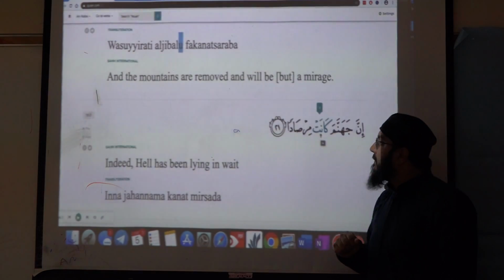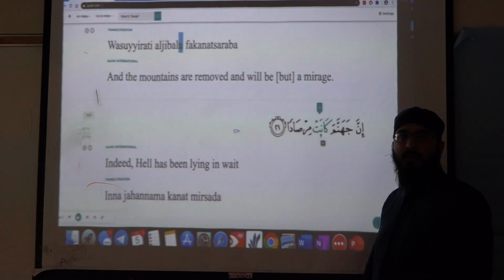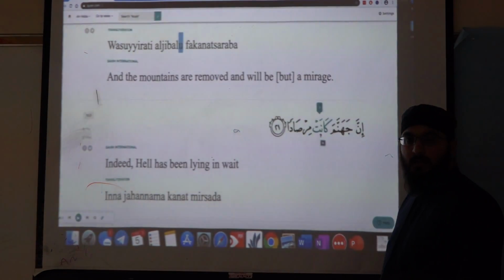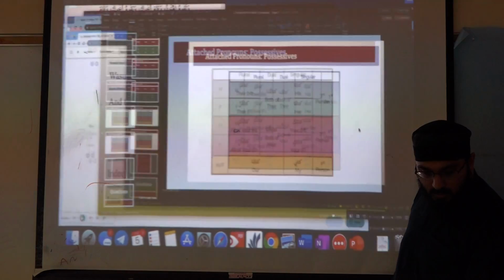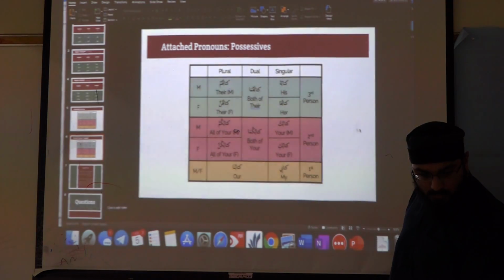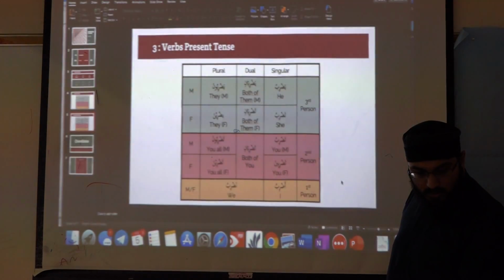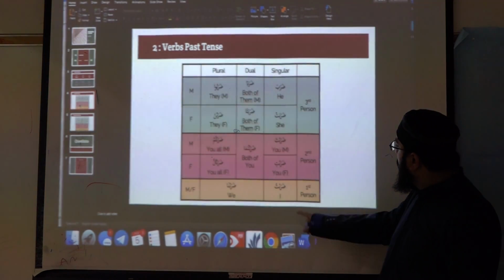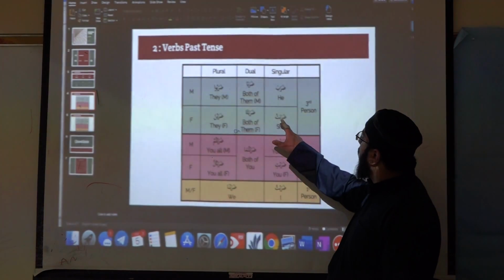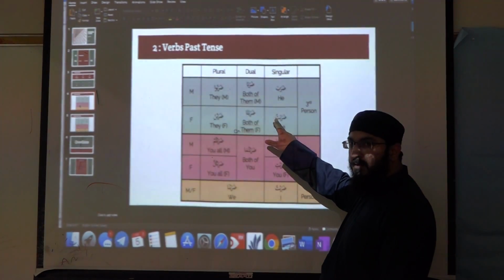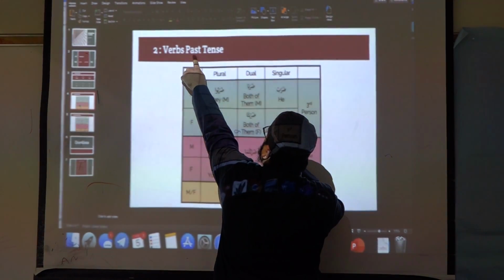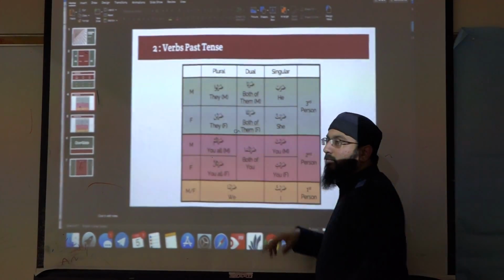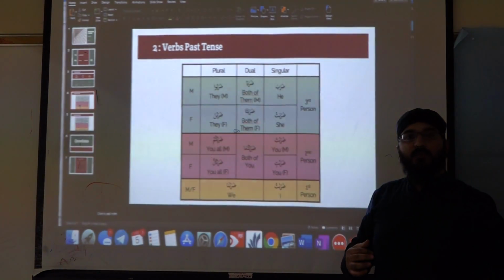Let me show you how to compare it with the chart. Darabat. She, past tense. Second person would be Darabta. This is Darabati. So this is the only one that fits. Darabat, she, past tense.